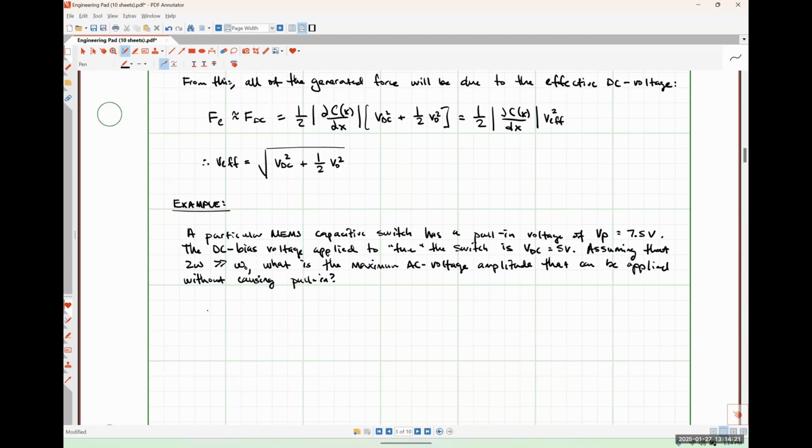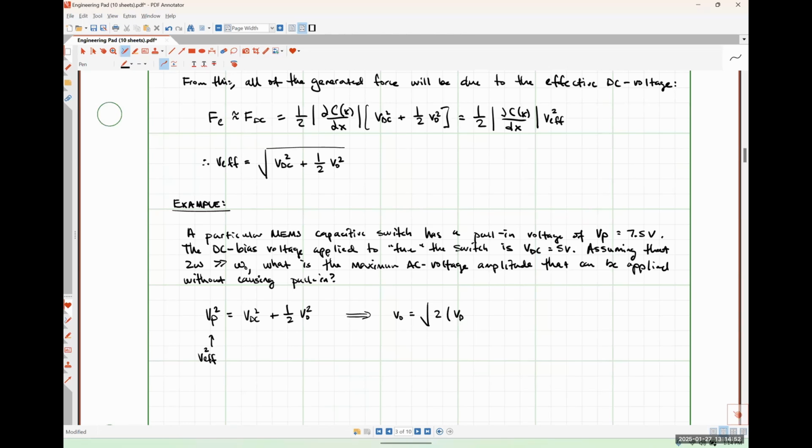So if we know that in general, VP squared could be written as VDC squared plus 1/2 V naught squared, then rearranging this, actually I might want to put V effective squared here, then what we could find is that V naught will be the square root of twice the difference, right?